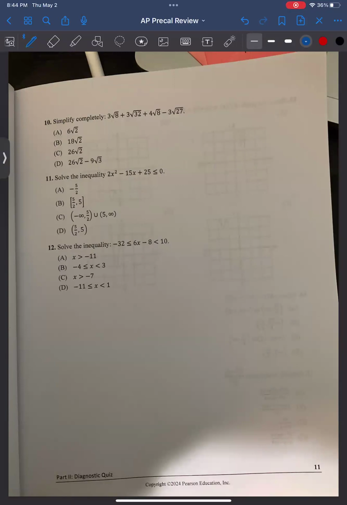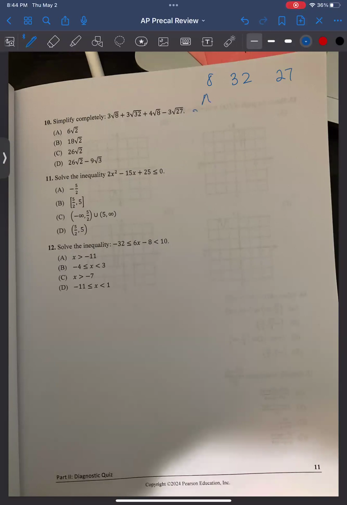So simplify completely. First of all, I want to get all of these numbers to have one radical.